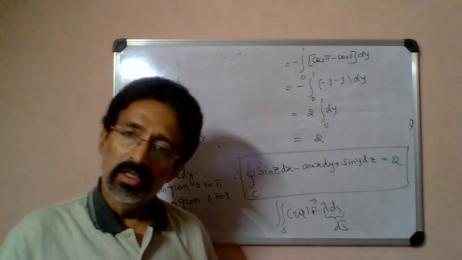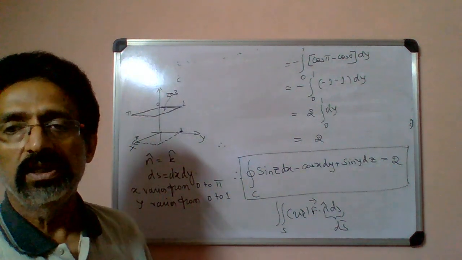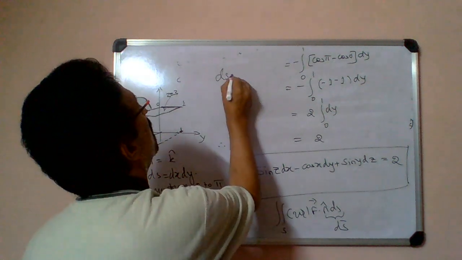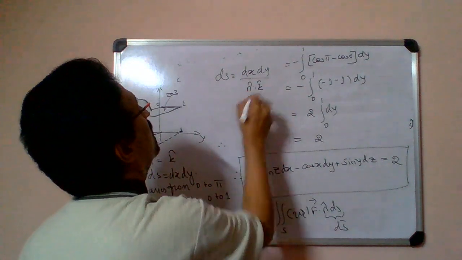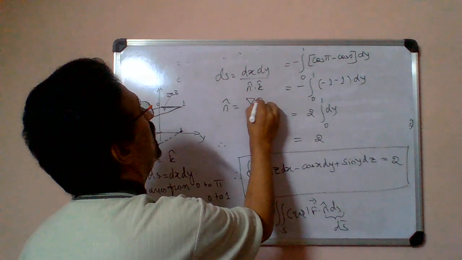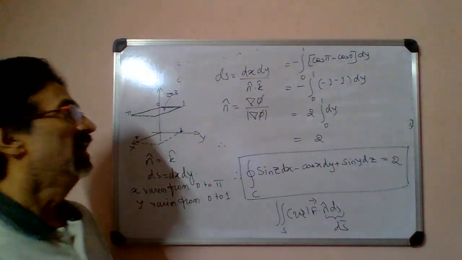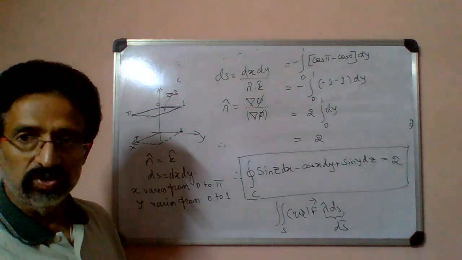Then dS will be dx dy over n cap dot k cap, and n cap will be del phi divided by its magnitude. These things you must know.